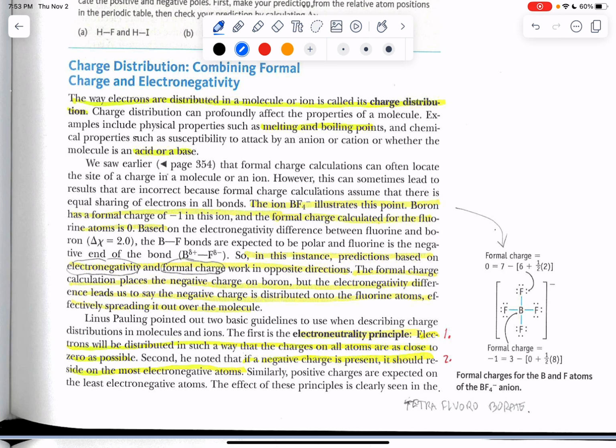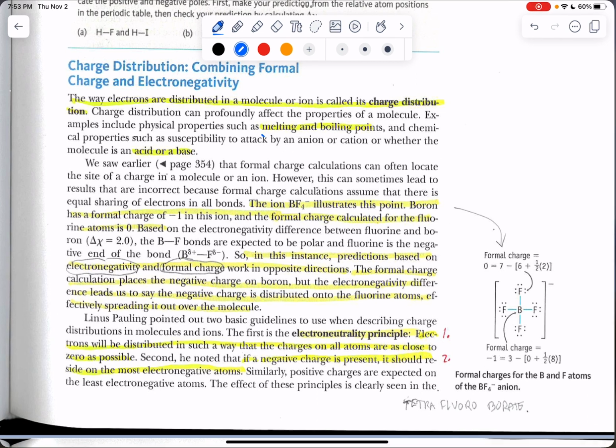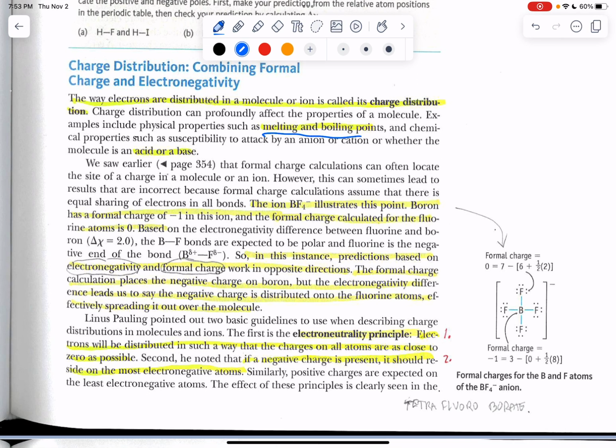So when we think about charge distribution, it's important because that determines melting and boiling points, for example. It also determines other chemical properties, like how much it's going to react with an anion or cation, or I should say be attacked by it, in the sense of interacting with it, and whether you have, for example, an acid or a base. So the charge distribution is very important.